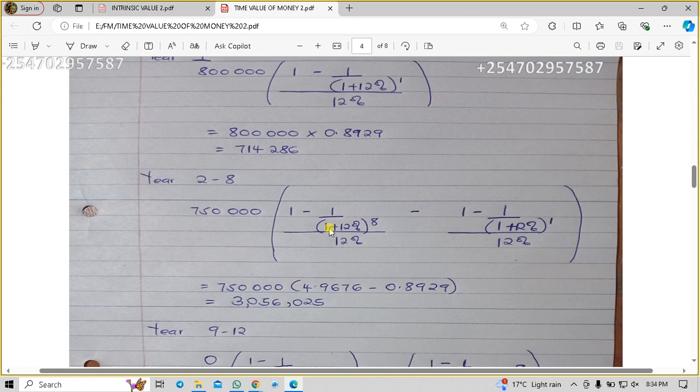Those ones who know PVAF. It is just that in KU we are not given a table. If it was a professional course, unapewa tu table unaangalia. So hapa hatupewi table. So that's why we have to use the longer route. So this one is okay for several years.